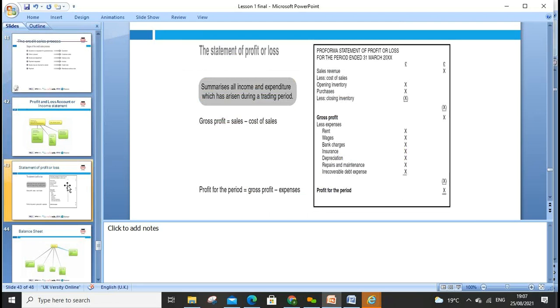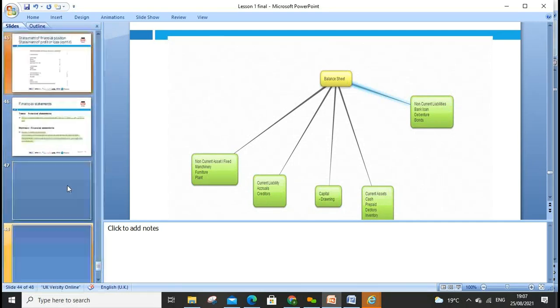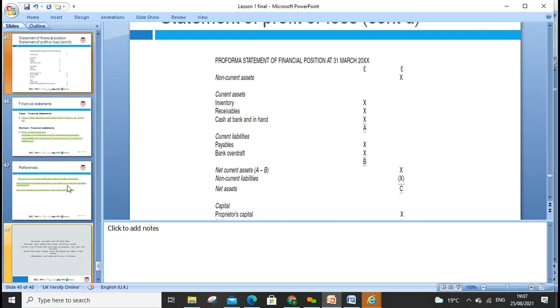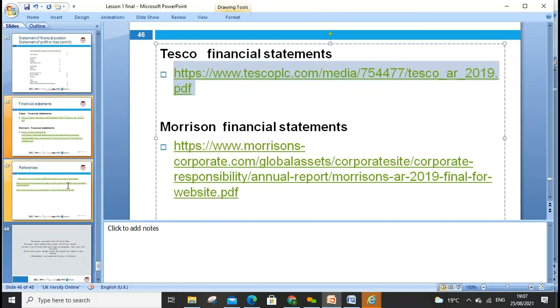This is the profit and loss pro forma, and we record these from the trial balance, which we'll go through. Then we prepare the balance sheet from it. There are links to look at the Tesco and Morrison financial statements.